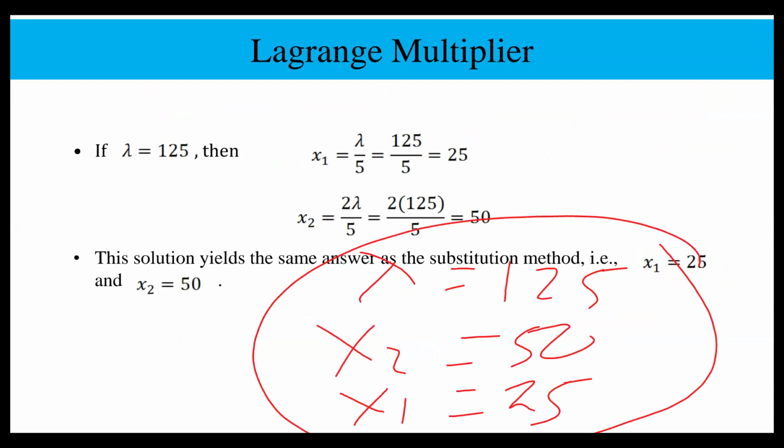So it was very imperative that you understand constraint optimization, especially using the Lagrange. The rules are that when you're using the Lagrange multiplier, number one, you set up the Lagrangian function, the augmented function, then do the partials: partial with the first variable, partial with the second variable, partial with lambda.